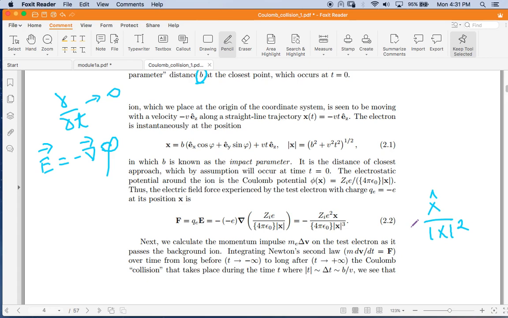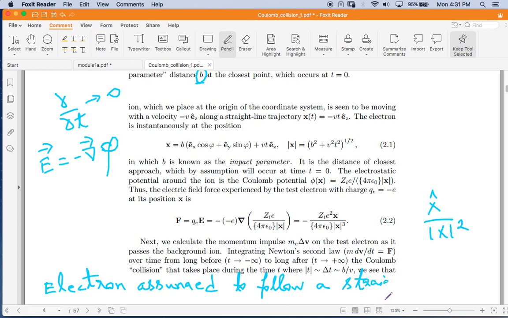One important thing to keep in mind is the electron, in this case the ion, simply because we are talking about the electron rest frame, but in the lab frame the electron is assumed to follow a straight line.